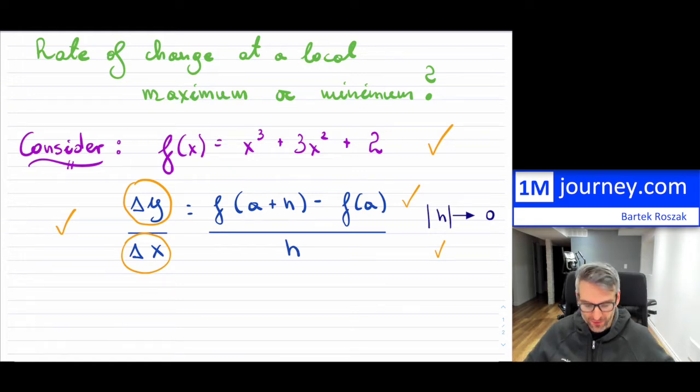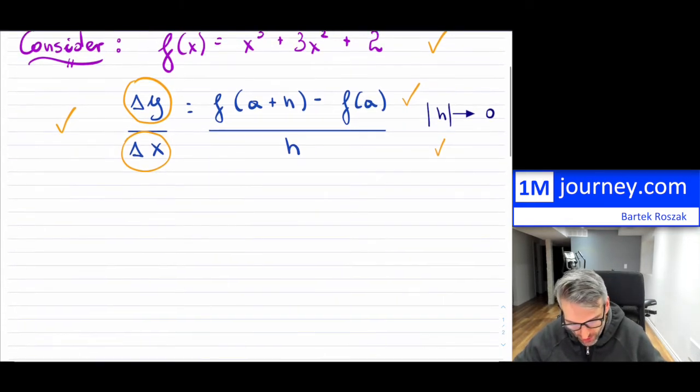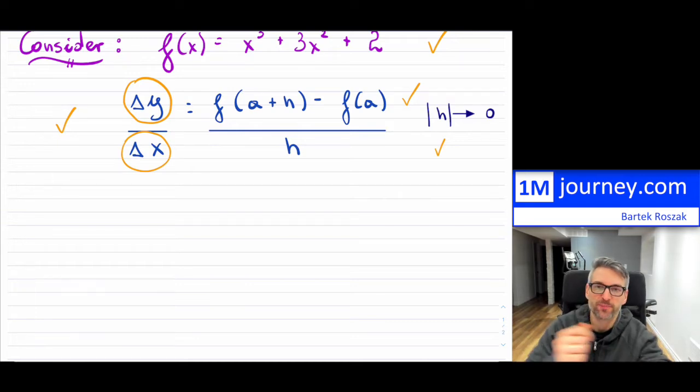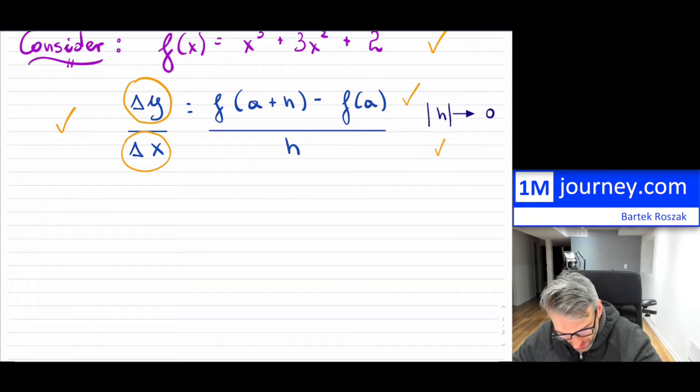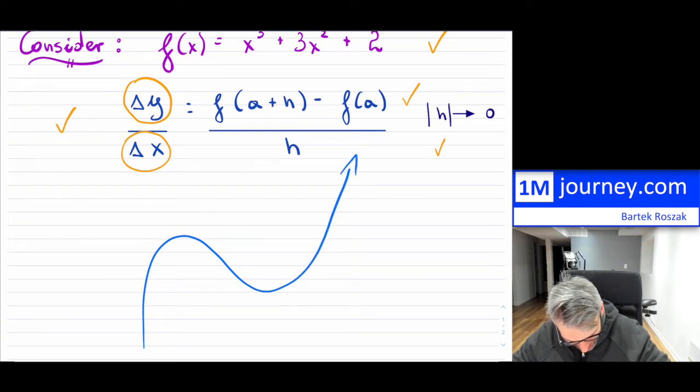Before I get into the graph and see where the maximum and minimum actually happen, I do want to talk to you about just the gist of the instantaneous rate of change at these points. So this function is going to look kind of like this. I'm going to draw it out like that. It takes off here, takes down there.